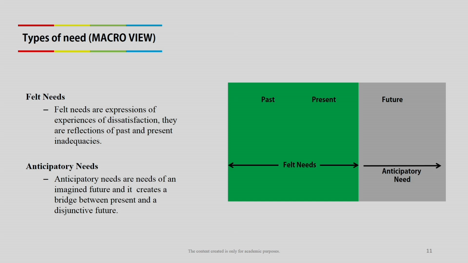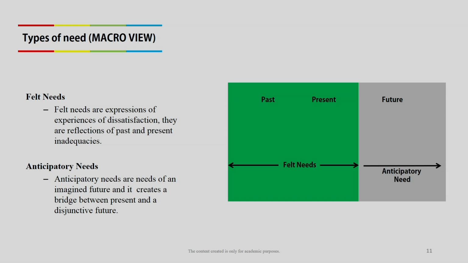So, there are two types of need according to the macro view. One is felt need, another is anticipatory need. Felt needs are expressions of experiences of dissatisfaction. They are reflections of past and present inadequacies.